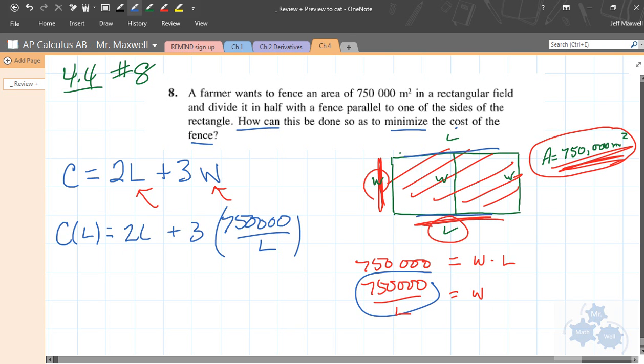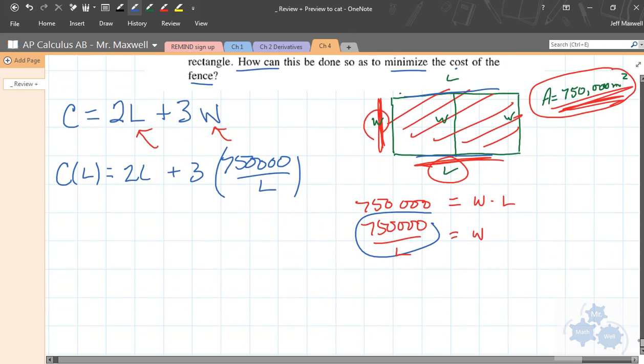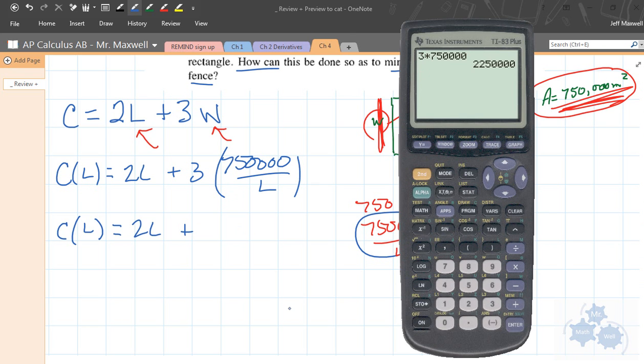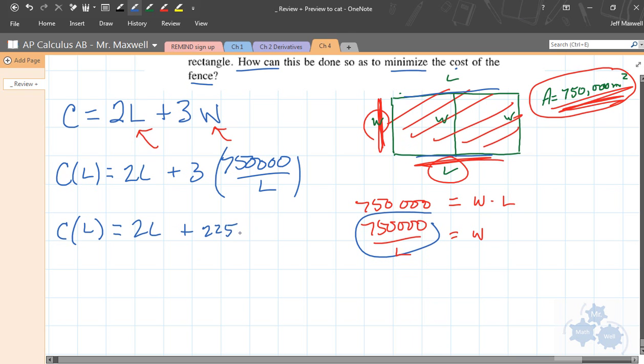You may as well simplify because there's a lot of little things you might mess up on. So C of L is going to be 2L plus, what's 3 times 750,000? Here's your product right there. 2,250,000. So that's going to be 2.25 million over L.